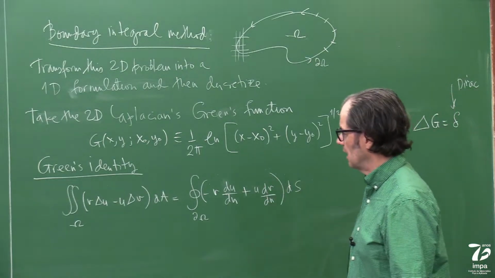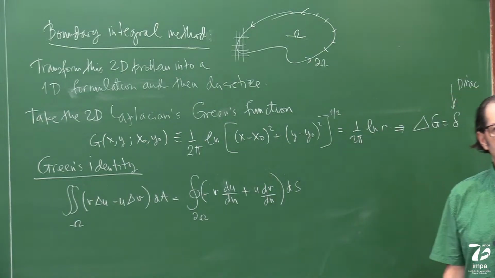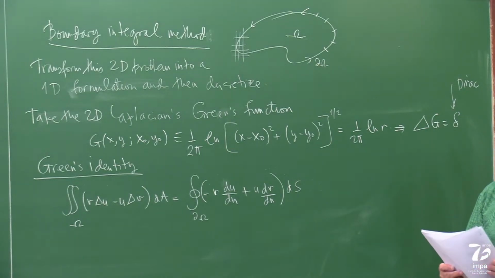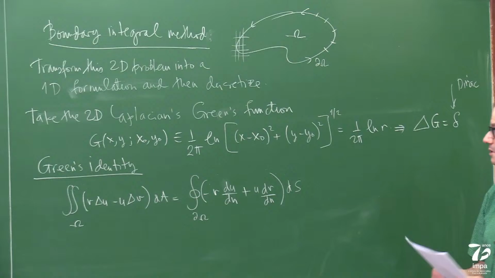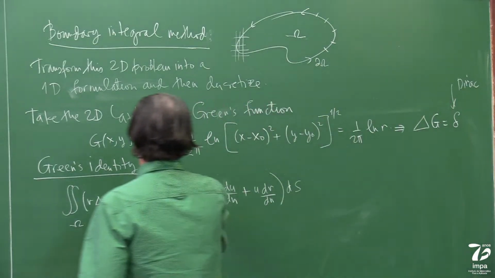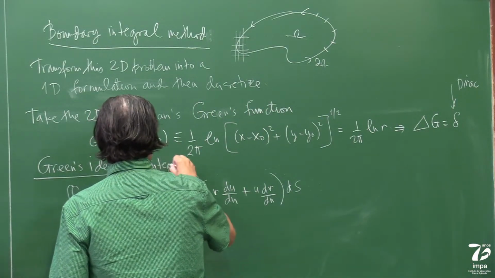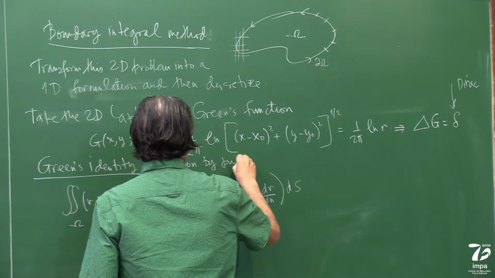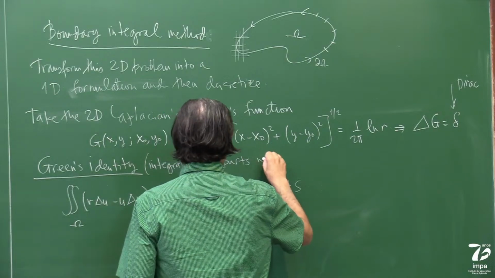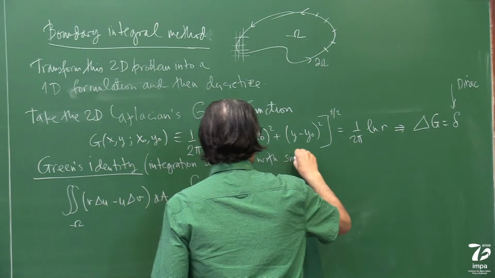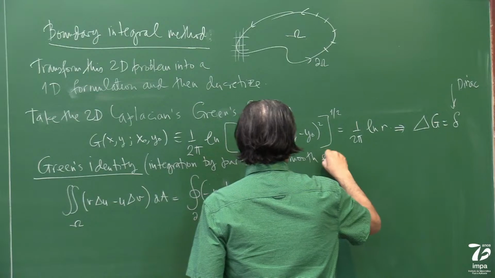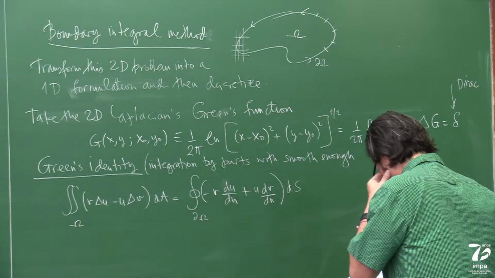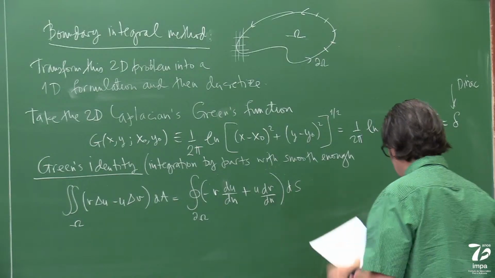And here, I haven't used any property of the functions u and v, just that they are smooth enough functions. Okay? So this is just integration by parts, or divergence theorem with smooth enough u and v.